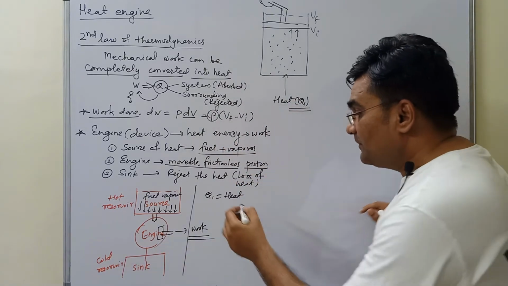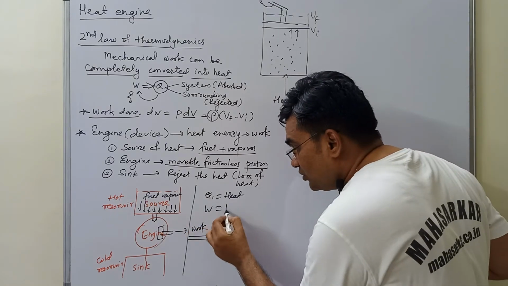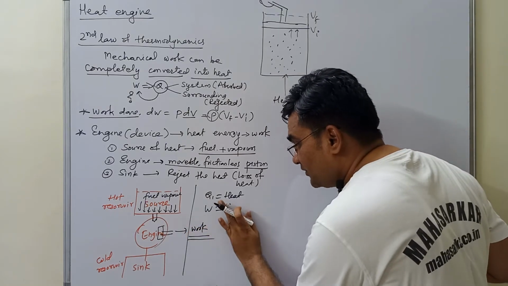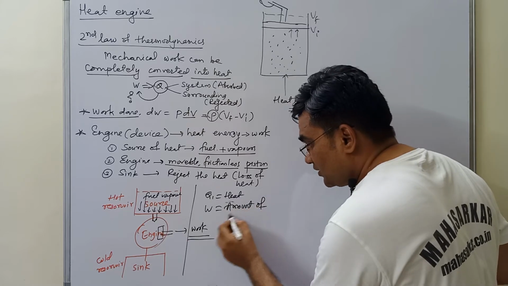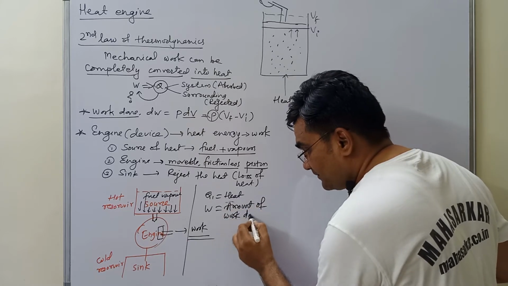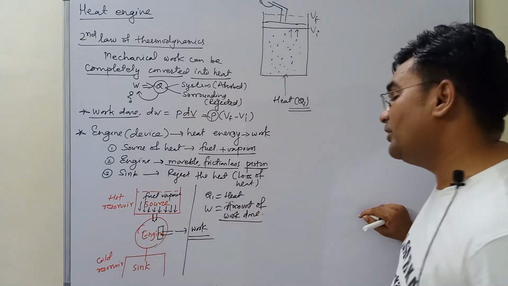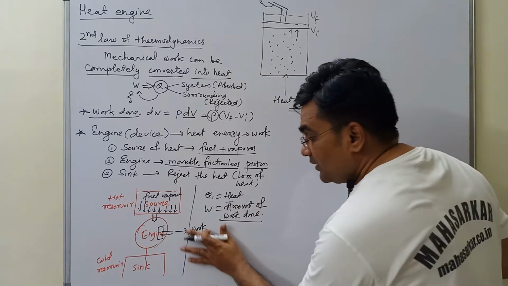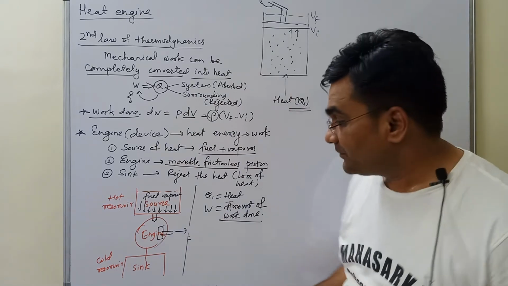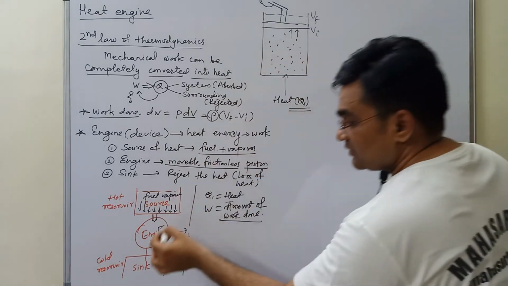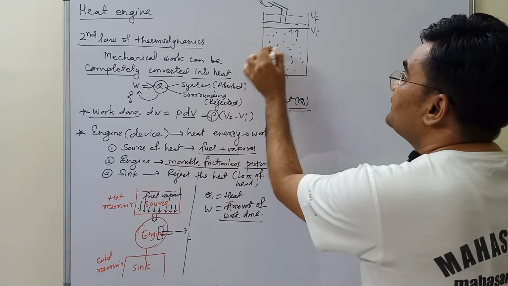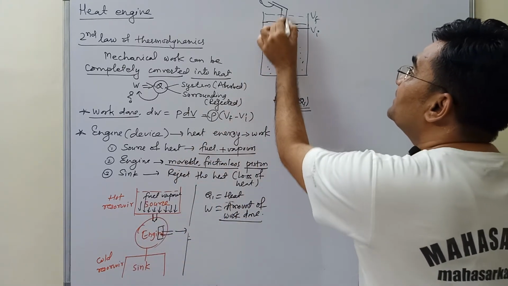Work. So, say W is the amount of work done. Okay. W is the amount of work done. Problem is that all the heat provided to this engine, that is to the system, will not be used to lift the piston.